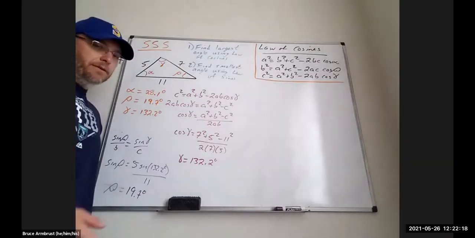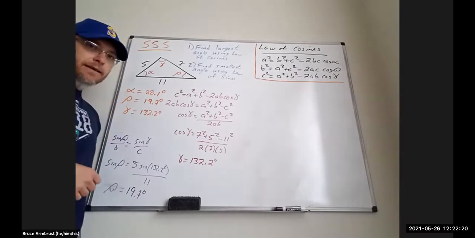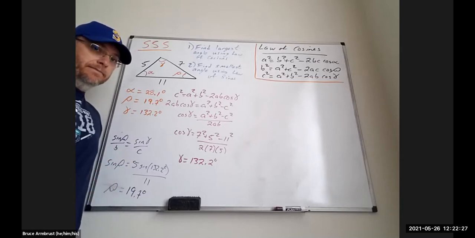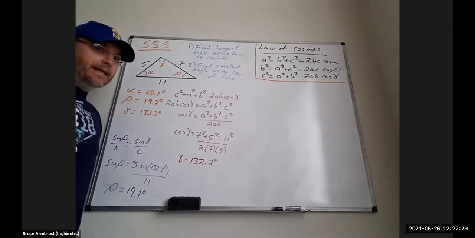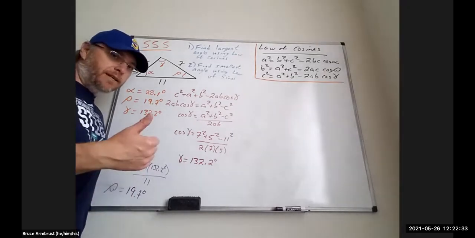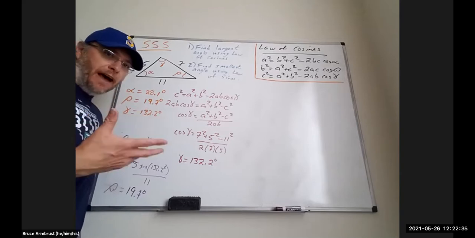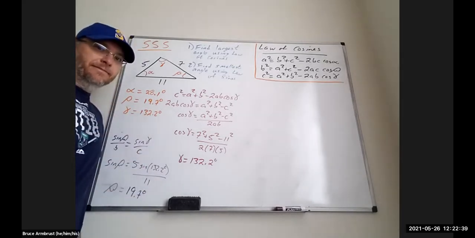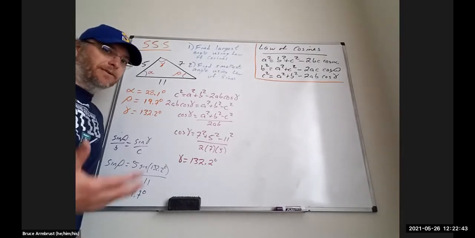But I will tell you that with side, side, side, sometimes you're given three sides that will not form a triangle. That can happen, right? Like what if I told you the three side lengths were 1, 2, and 500? There's no way we're going to make a triangle that works that way. And we don't even have to go to 500.